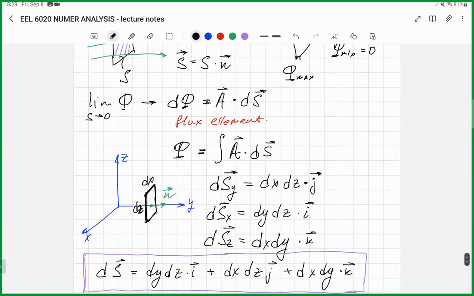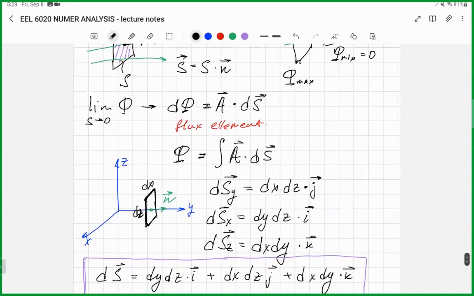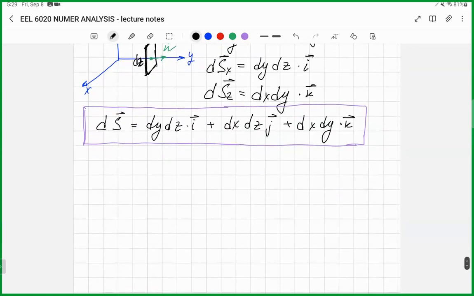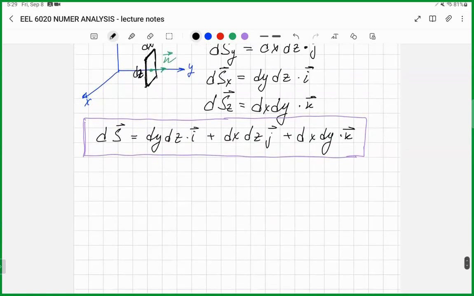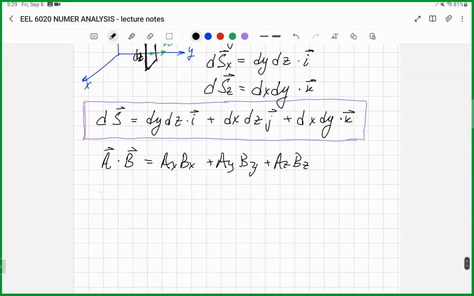Okay, and hence, going back to the definition of the flux element here, which is the dot product of the vector A times ds, we recall this formula for the dot product of any two vectors a, b, which is ax bx plus ay by plus az bz.